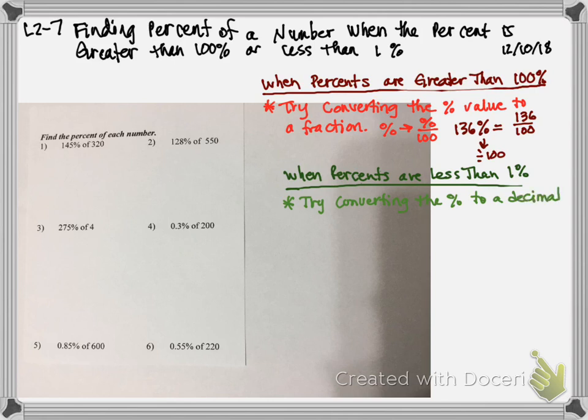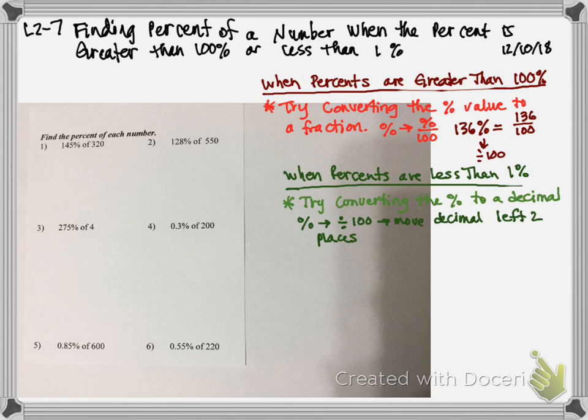Okay, and remember that percent means that we're going to divide by 100, but this time we're going to go horizontally. So that means you're going to move the decimal left 2 places.